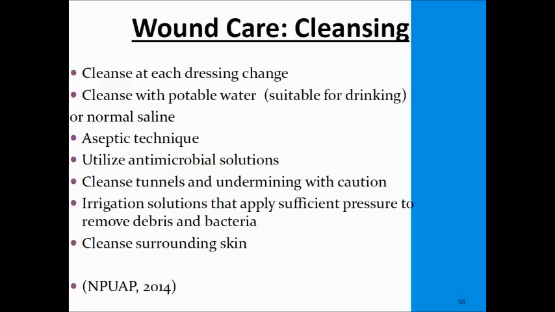You want to cleanse tunnels and undermining with caution. Irrigation solutions can be used to supply sufficient pressure in order to remove the debris and bacteria. However, you don't want too much pressure where it can drive the bacteria into the tissue. And you do want to always cleanse the surrounding skin, the periwound.